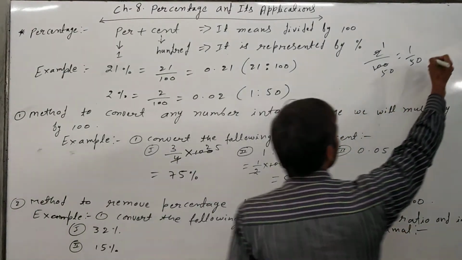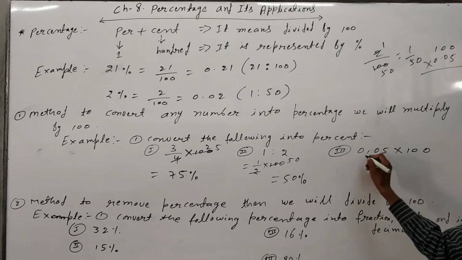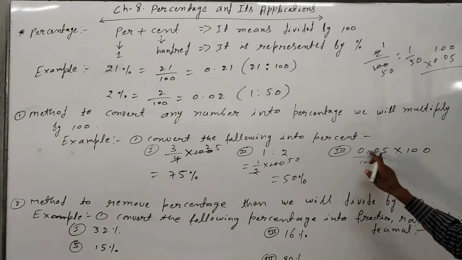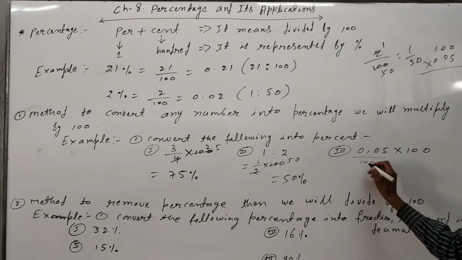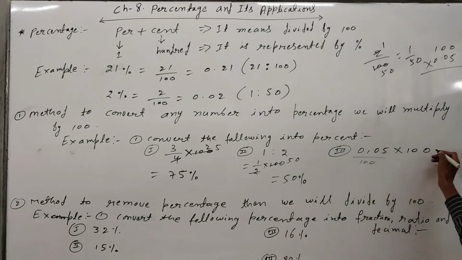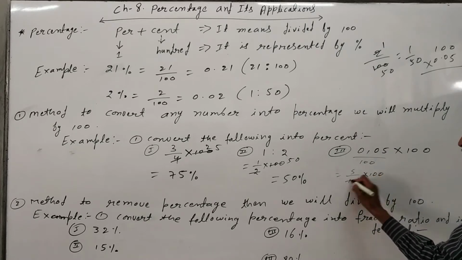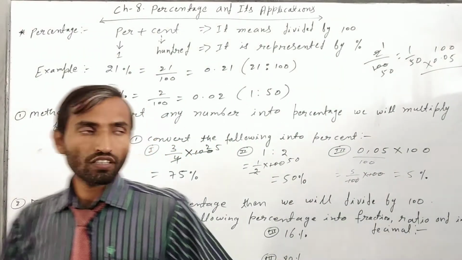You can multiply directly like this, or remove the decimal part: after the point there are 2 digits, so it becomes 5 upon 100 into 100. Now the 100 will cancel, then it will come 5, so we write 5%. This is the final answer.